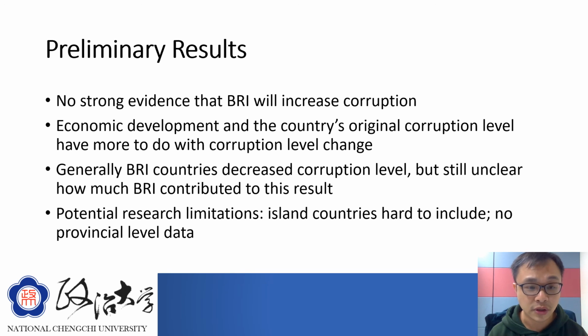I cannot know if corruption spreads across provinces, and also for provinces situated near the borderline of another country, does a province's corruption level spread to another country, even across the border?